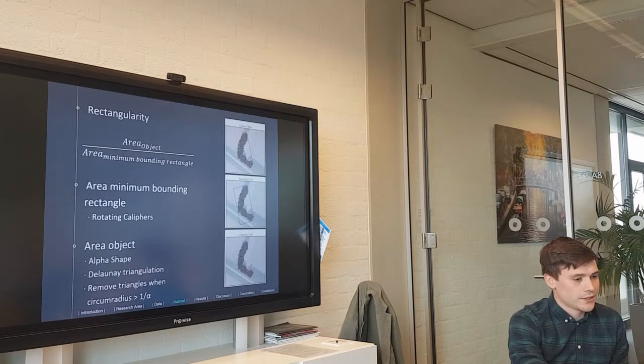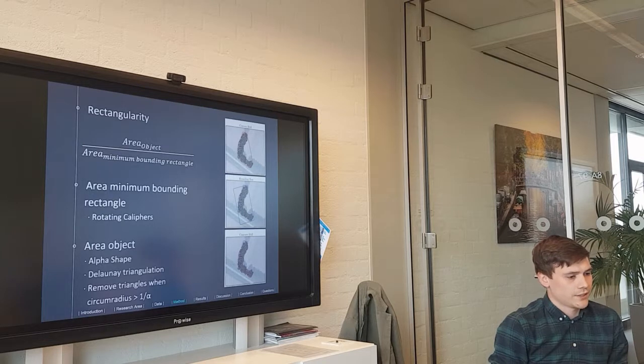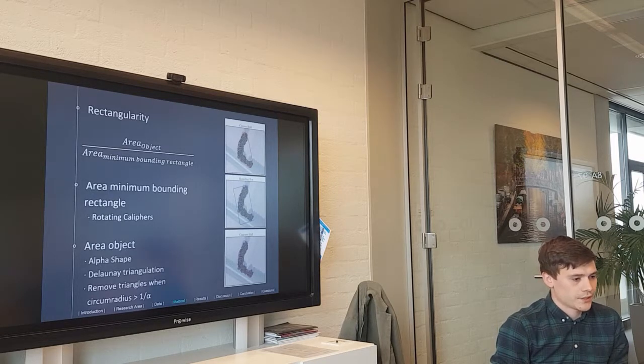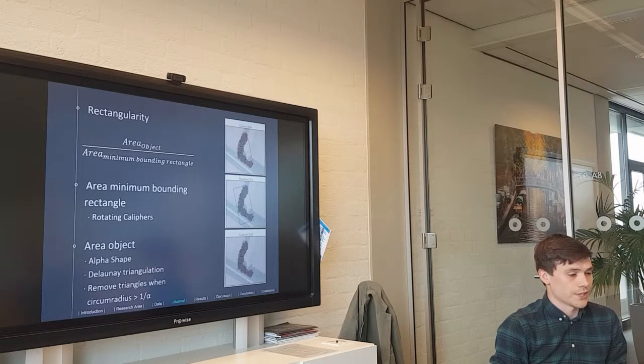So what is rectangularity? The rectangularity is defined as the area of an object divided by the area of the minimum bounding rectangle. So we need to find both these areas.